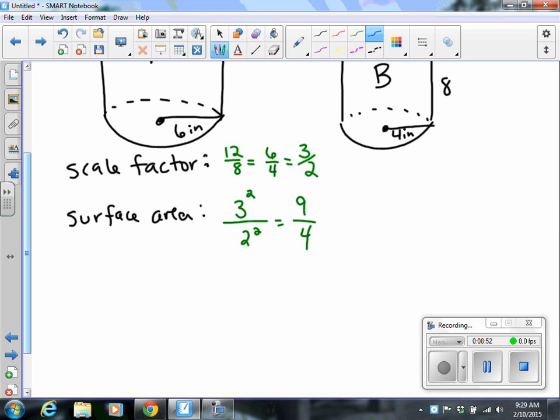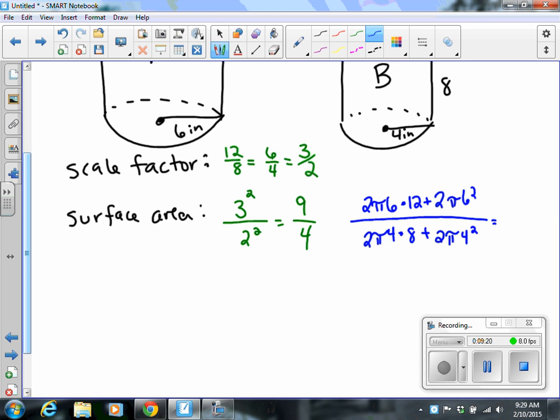I can calculate it as my lateral area, 2 pi r, so 6, times our height, plus 2 times the area of the base, all over 2 pi r times the height, plus 2 pi r squared.